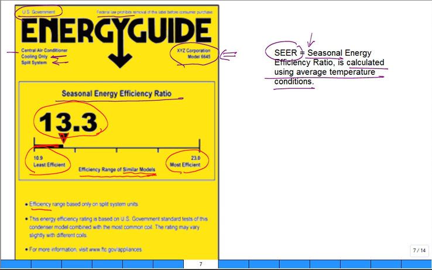So the efficiency range is based only on split system units, and it's based on standard tests set out by the U.S. government on essentially the condenser model, combined with the most common coil. Basically, they're testing what's outside the home. What's outside the home? The compressor, that's where you use all the energy.